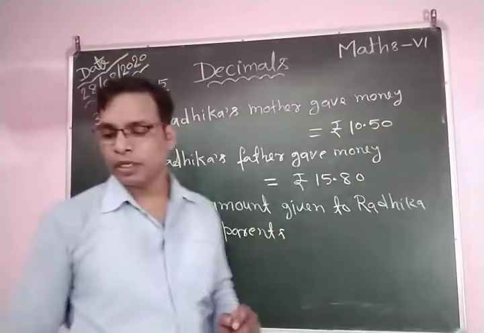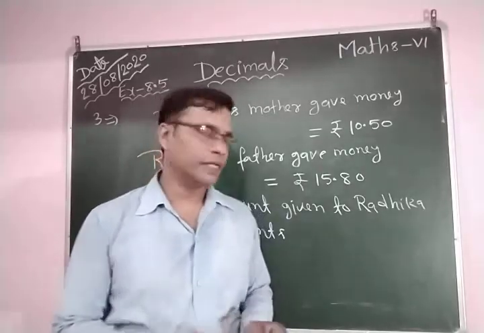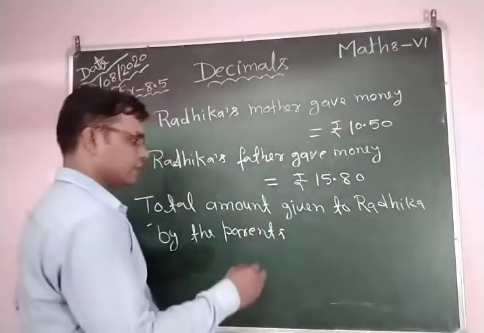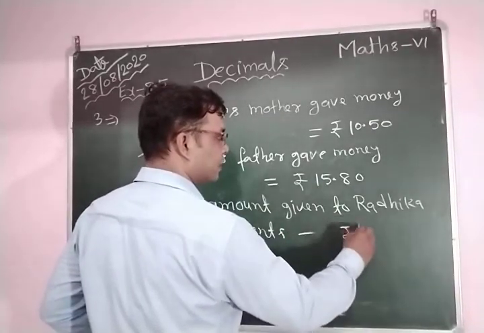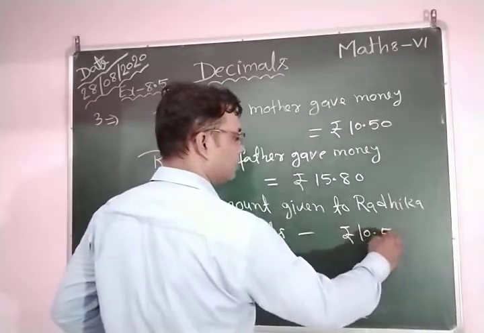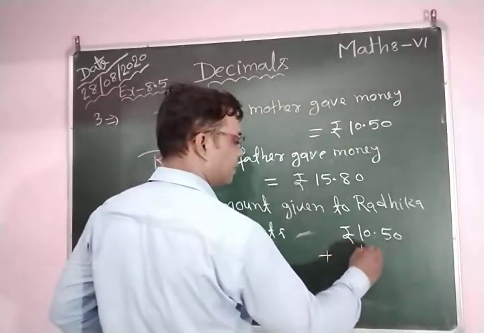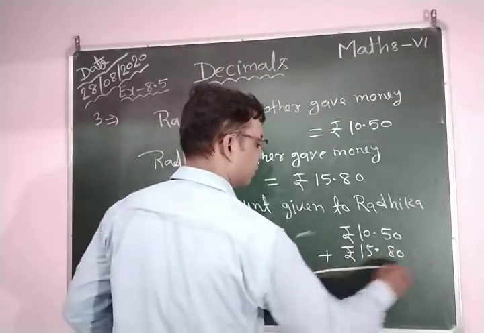So this is equal to this plus this. So we can write here rupees 10.50 plus 15.80.